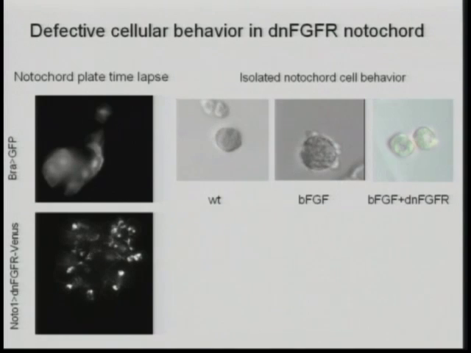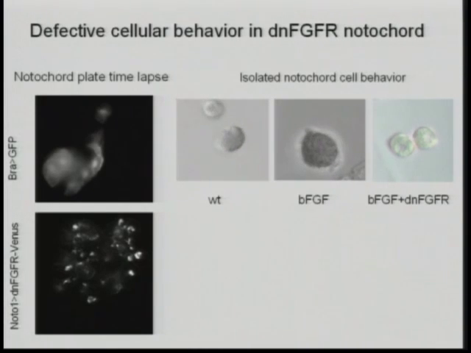The way I did this is to dissociate these embryos into single cells and observe their behavior in a dish. You see the wild type, I don't know if you can see clearly, forms these transparent protrusions in media, just like they do in the wild-type intact notochord plates. If I put recombinant FGF protein in the media, now see what the cells do. They form huge protrusions, much bigger than they would in wild type.